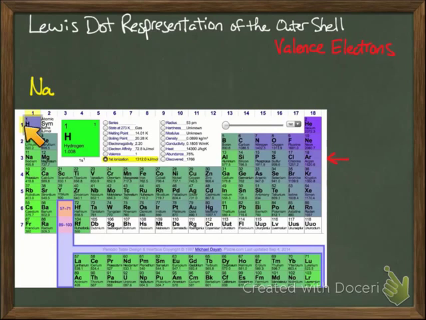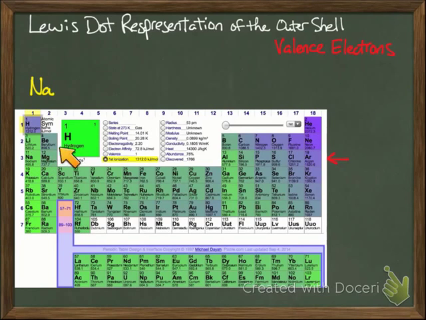And remember that each row is going to represent a shell of electrons. So we've got a shell of 2 electrons, a shell of 8 electrons, another shell of 8 electrons. Sodium has 1 electron in that shell, and if we were to look at its ionization energy, we see that the energy required to remove this first electron would be the lowest. It's the easiest to remove.